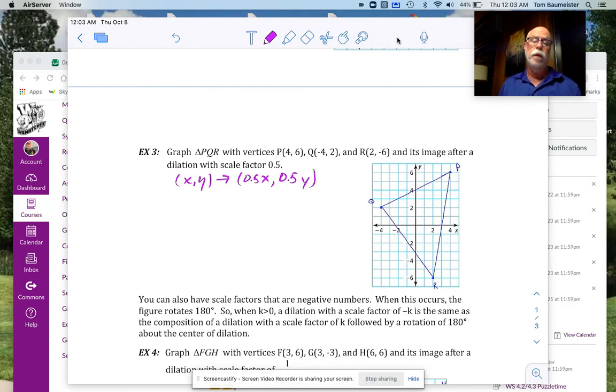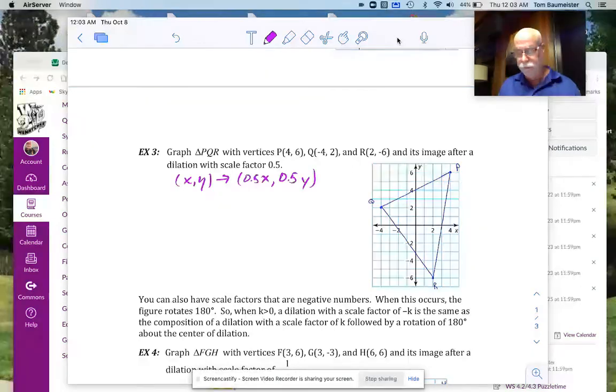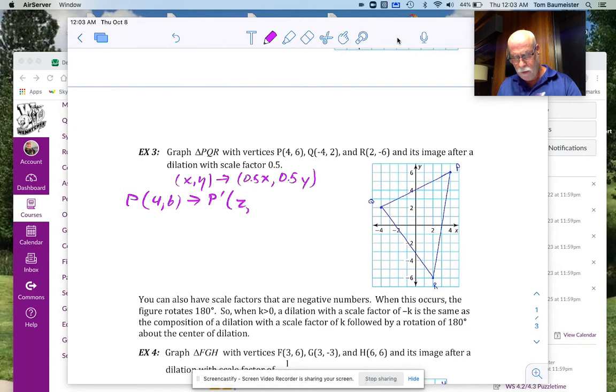So again, think about it. Your scale factor is 0.5. That's between 0 and 1. So you know that it should be getting smaller. Okay? So remember, 0.5 is half. So if we have (4, 6), that'll map to P prime, half of 4 is 2, half of 6 is 3.